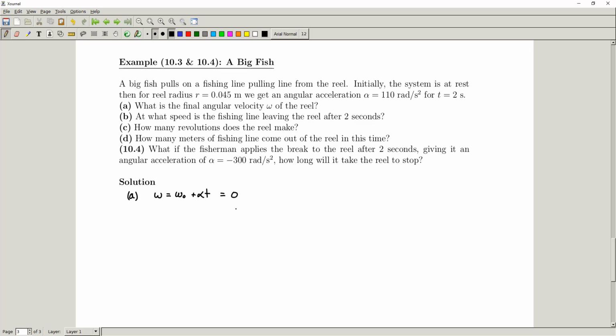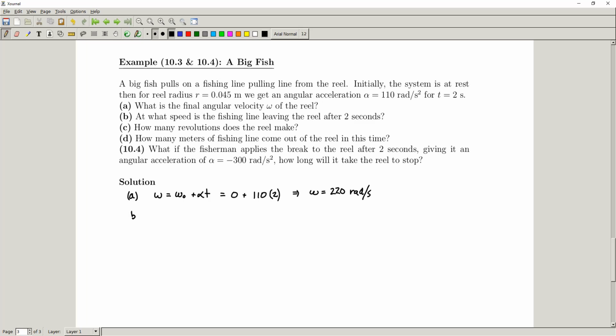So this thing has no initial angular velocity, so that's a 0. And we know that the angular acceleration being applied to it is 110 radians per second squared, and this is applied for 2 seconds, right? And so right away we get to a pretty simple answer. Our angular velocity after the 2 seconds is going to be 220 radians per second. Okay.